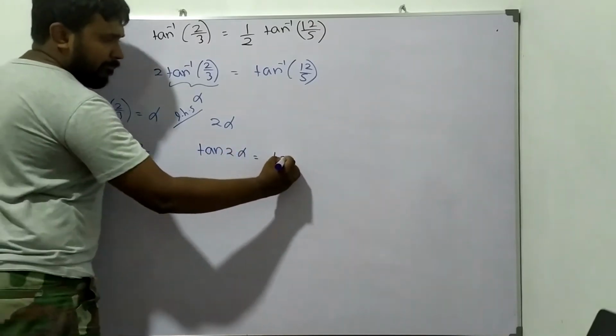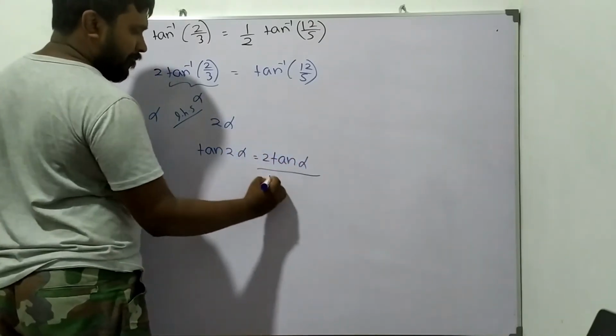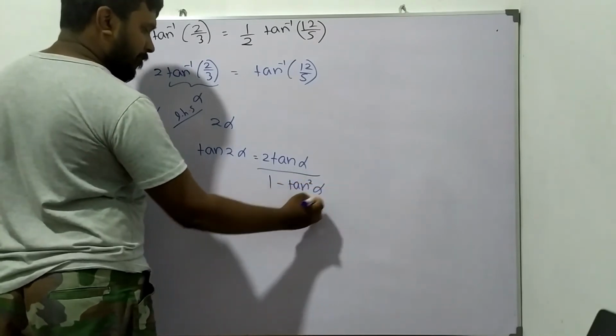Tan 2 alpha is 2 tan alpha over 1 minus tan squared alpha.